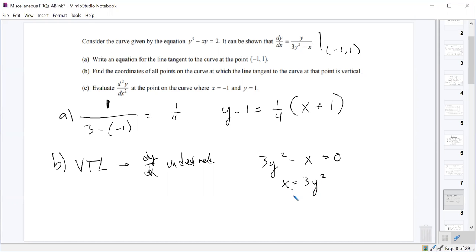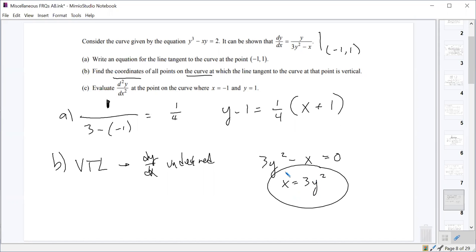Yeah, so x equals 3y squared, and then what are we going to do with that? How's that going to help us? We're looking for the coordinates of the points on the curve. So we want to know when on our curve does x equal 3y squared.